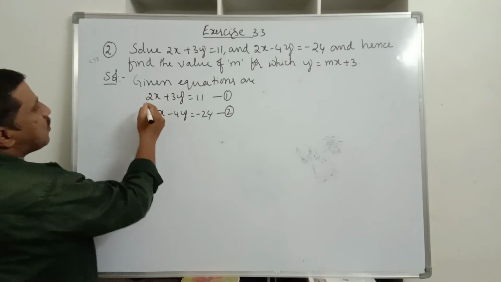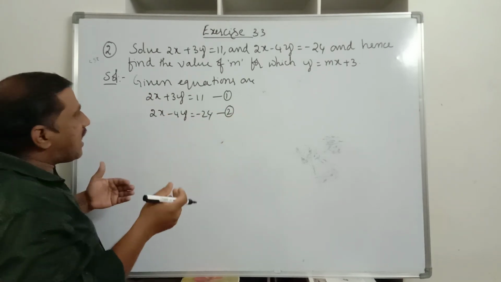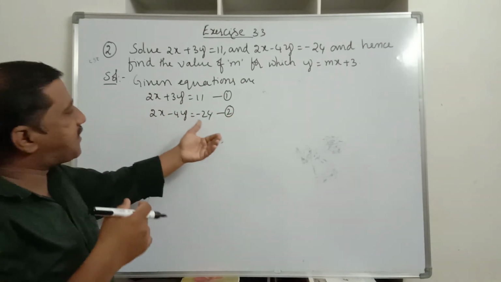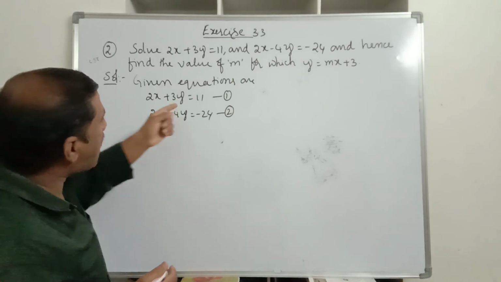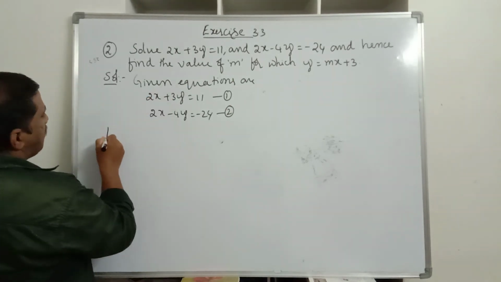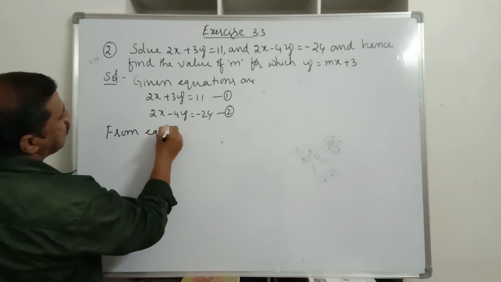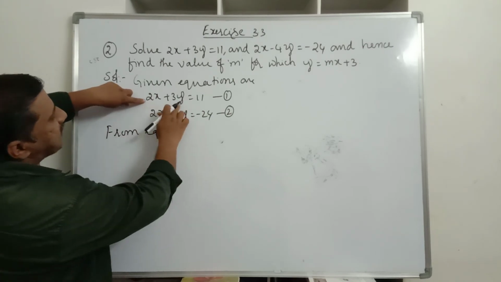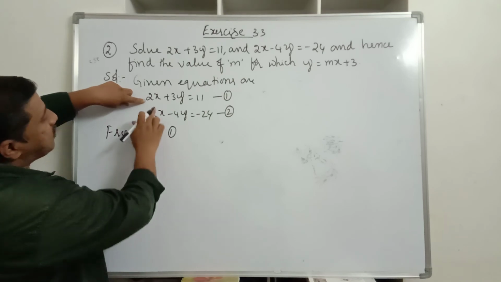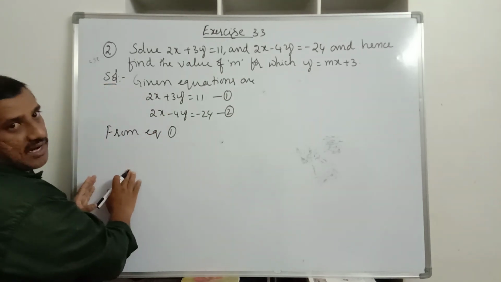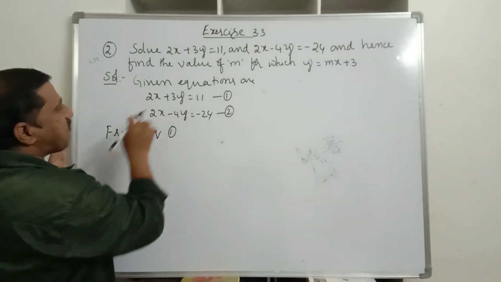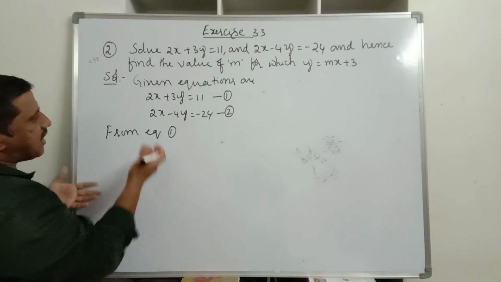From equation 2 or from equation 1 you can take the x value, then substitute in the other equation. So I am considering equation 1. What is equation 1? 2x plus 3y is equal to 11. I want to keep x on the left hand side. We can also keep y on the left hand side; we can choose any one.